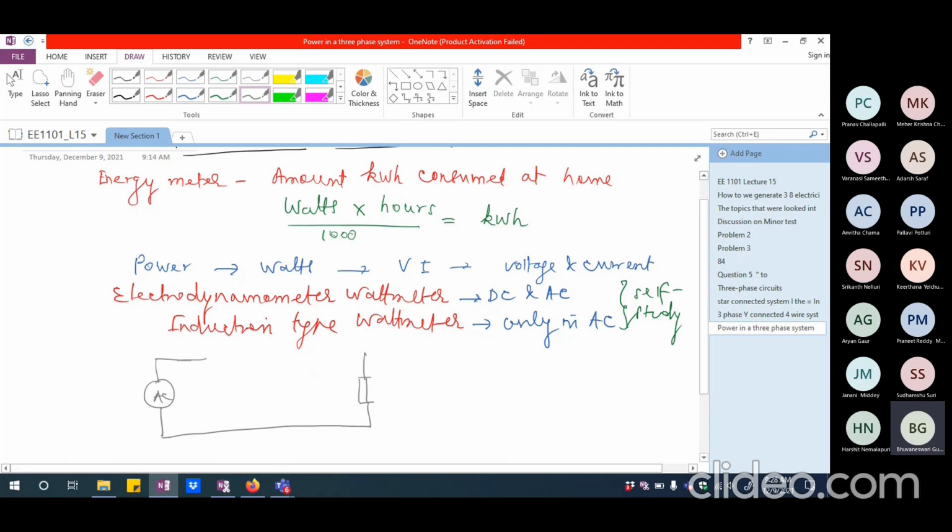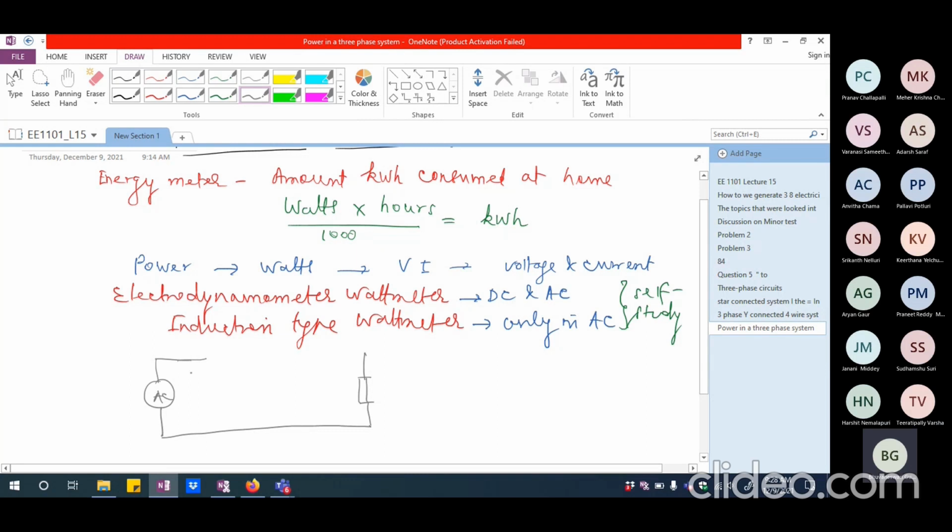I will have basically two magnets. One of the magnets will be supplied with the voltage coming up here. So let us say this is going to be supplied to one of the magnets, and I'm going to have one more magnet which is connected in series, which is going to carry exactly whatever is the load current, and that is also connected to the load.